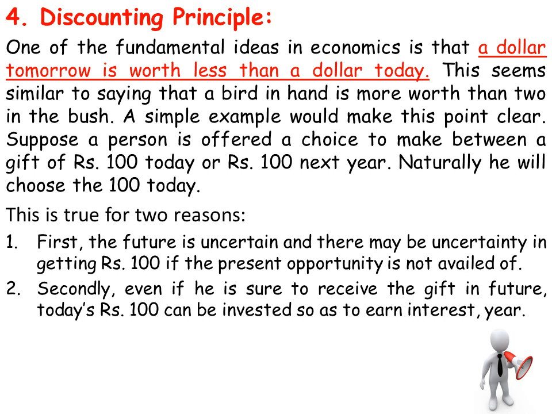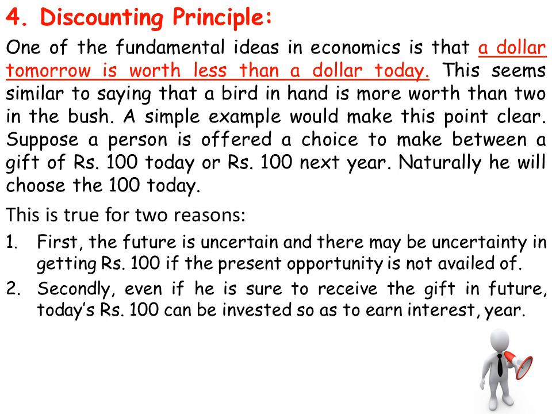If a person is offered a choice between today's money and the same amount of money given in the next year, normally the person will choose today's money, because the value of today's money will be less in the future year, since the money value always differs.